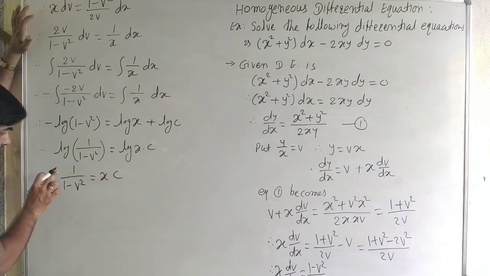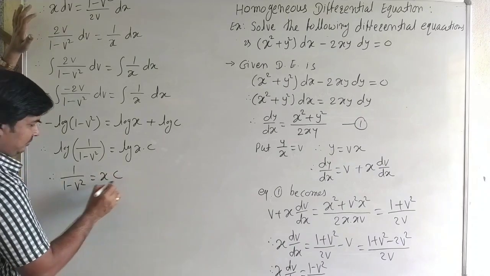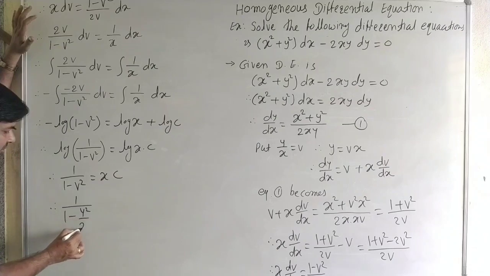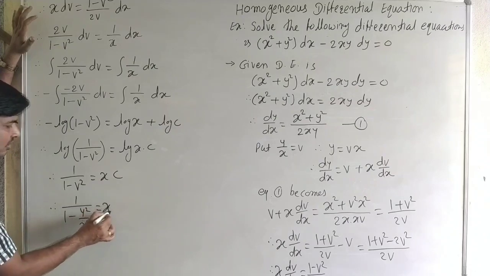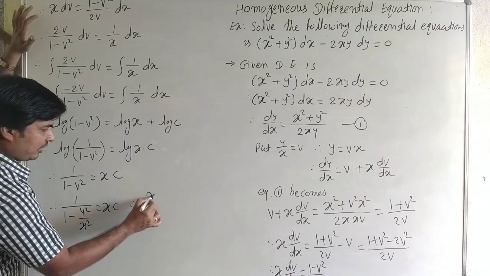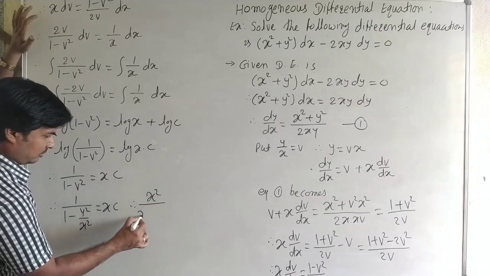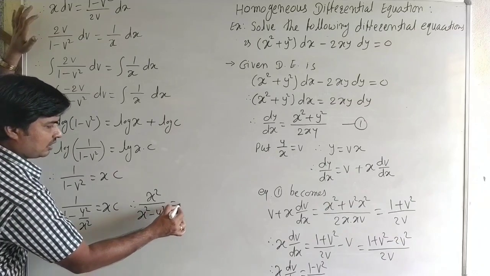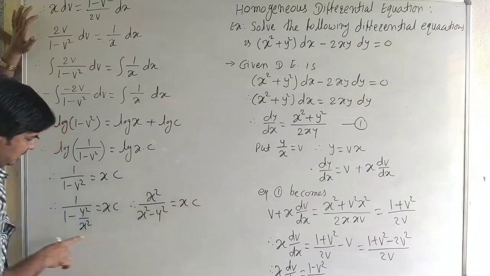Now put the value of v, then 1 upon 1 minus y square by x square is equal to x into c. Therefore, we can write x square upon x square minus y square is equal to x into c.